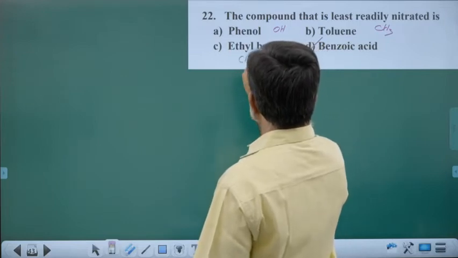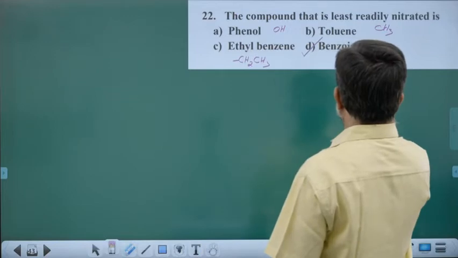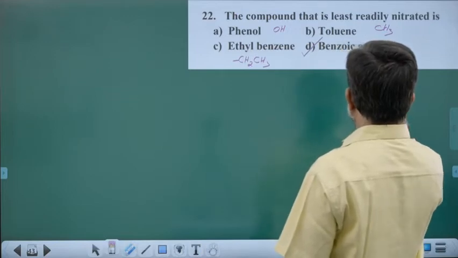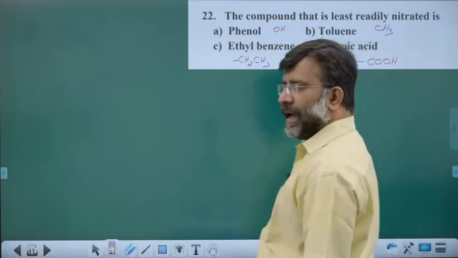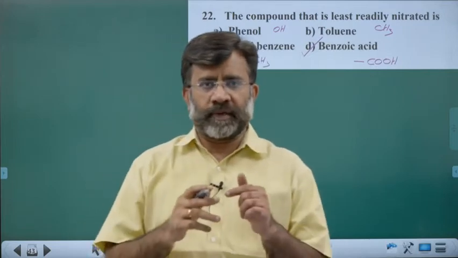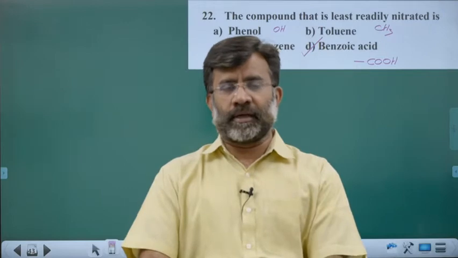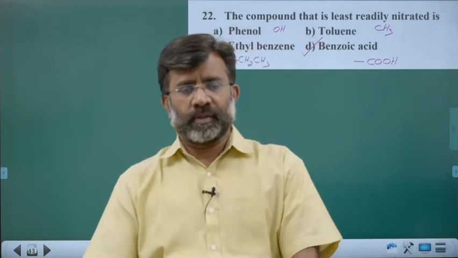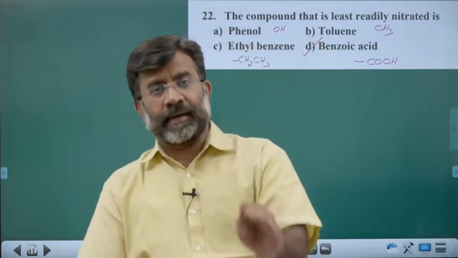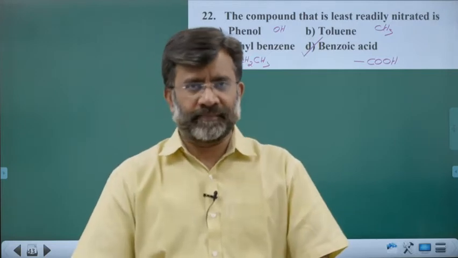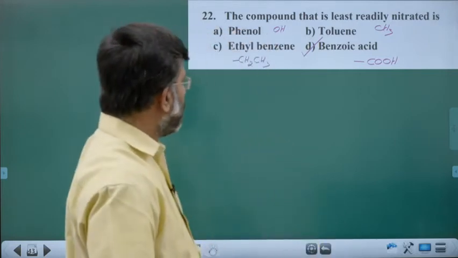Here you have a CH2CH3 group in benzene, activating group. Here you have a COOH group, that is a deactivating group. So benzoic acid is less readily nitrated. Next.